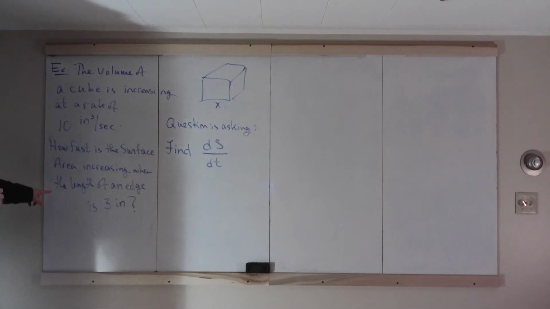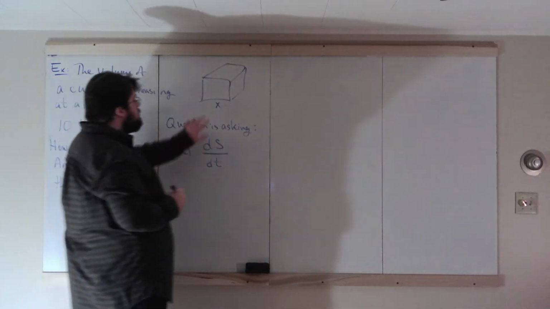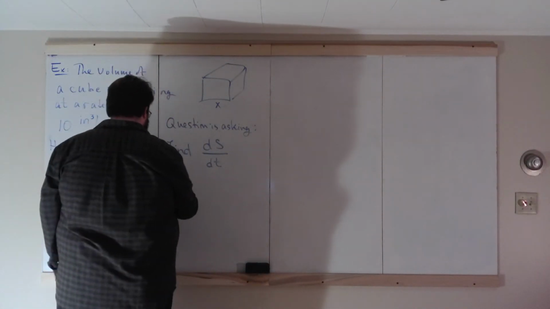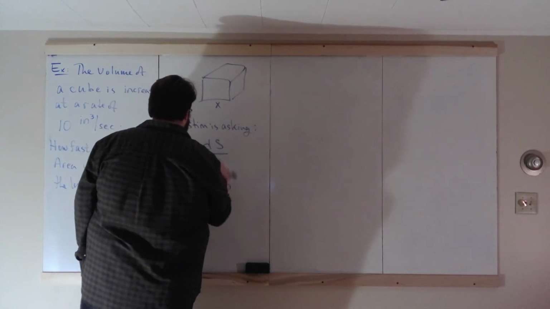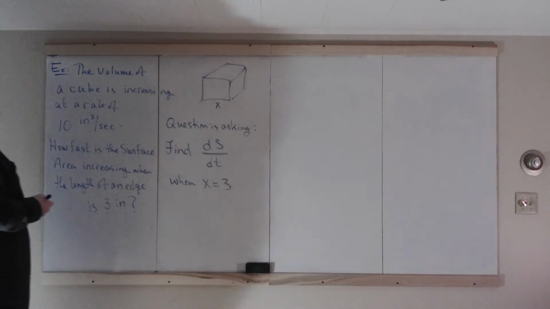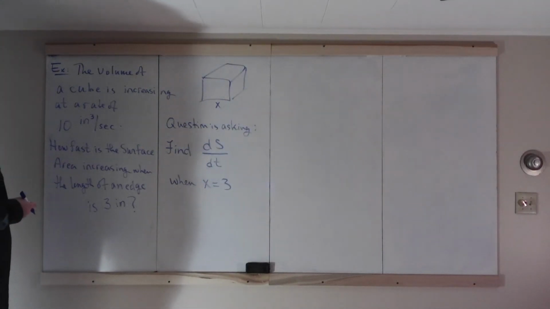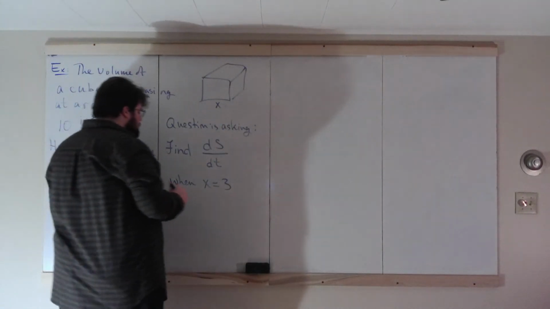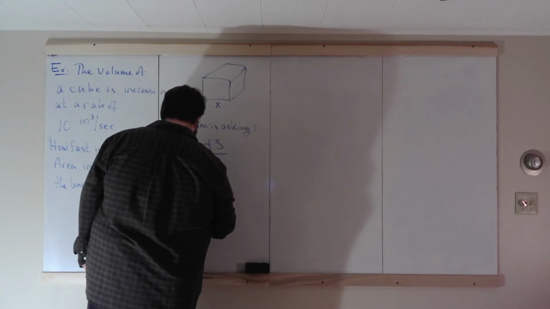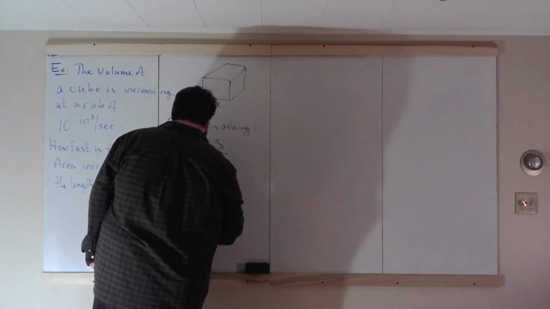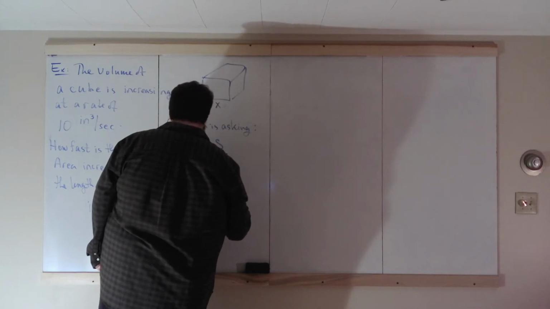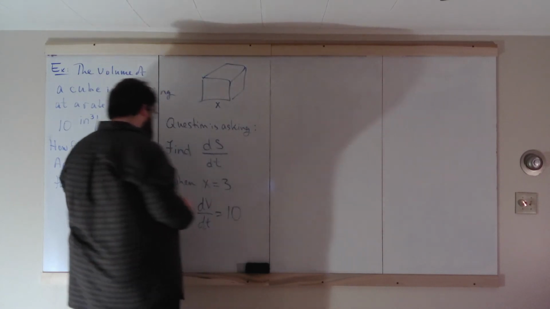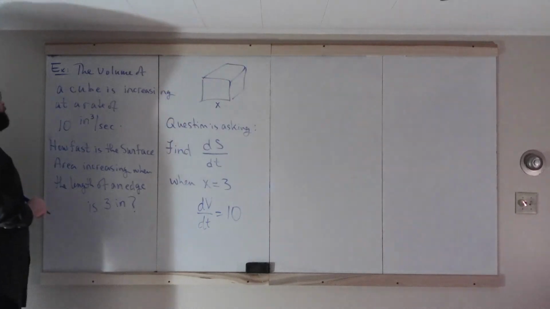When? Well, when the length of an edge is 3. X is 3. What else are we given? The volume is changing. So we're asking about surface area and volume at the same time. So dV/dt equals 10. And there are units on all of them.